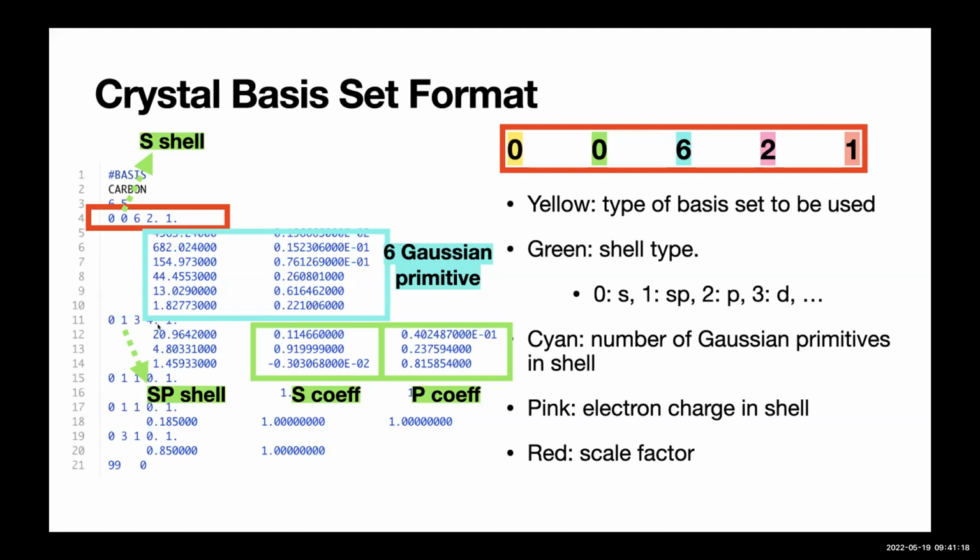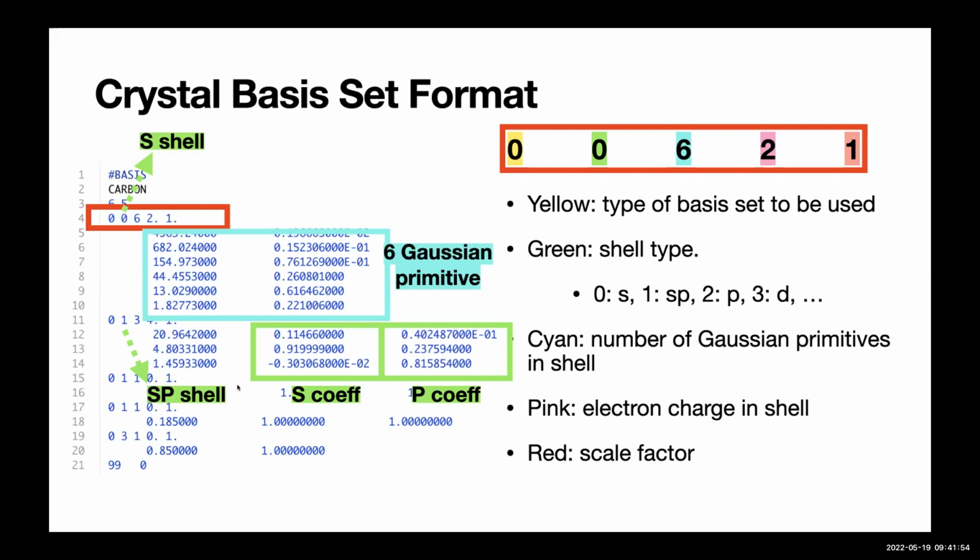The first column is the Gaussian exponent, and the second column is the Gaussian coefficient for each Gaussian primitive. They form a linear combination that gives a better description of the orbital. This coefficient is for S, and the second column is for P, so they are like the sp shell.